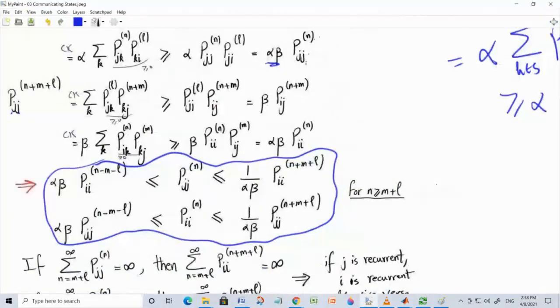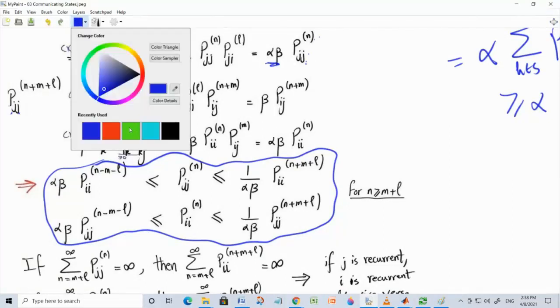Okay, so let's zoom in this part. So it's now clear, right?